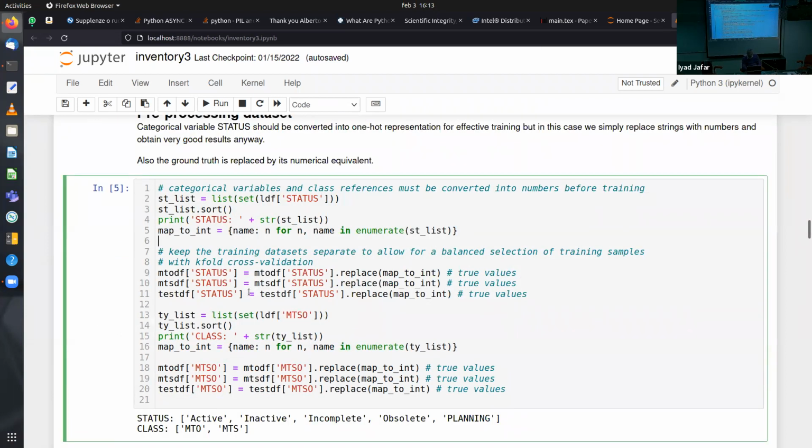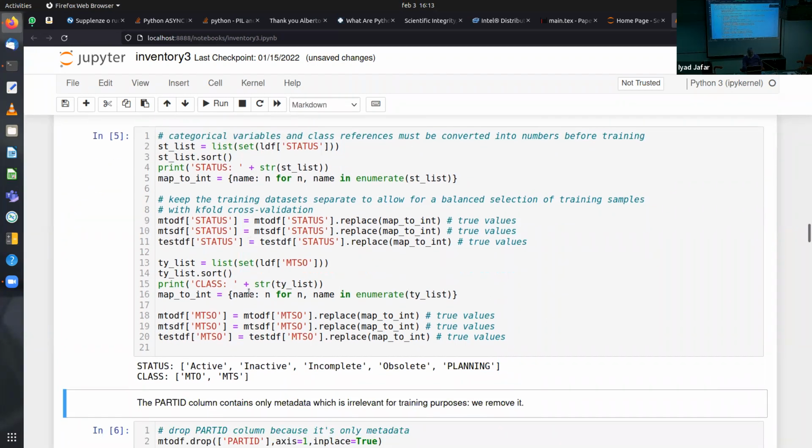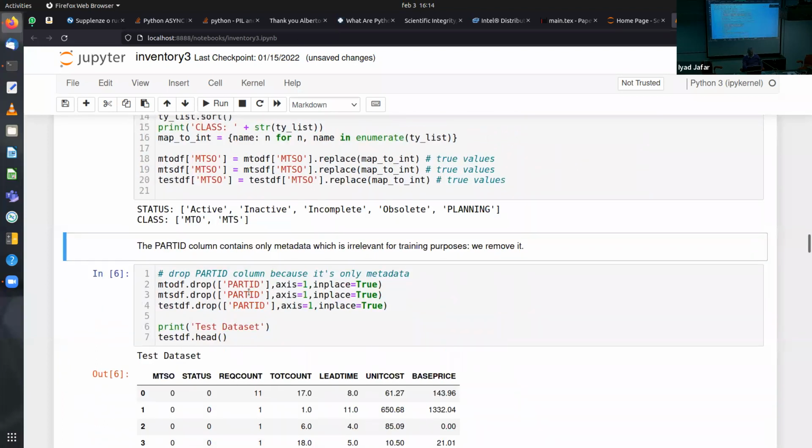Okay, here is still preprocessing in which I'm detecting, in this case, these are the classes: statuses, which are active, inactive, incomplete, obsolete, and planning, and MTO, MTS as the ground truth. So I replace MTO, MTS with 0 and 1 because it's easier for me. Whereas on status, I perform the one-hot conversion.